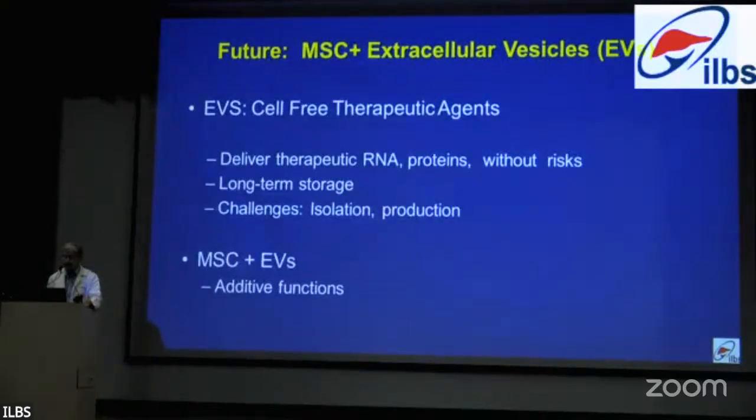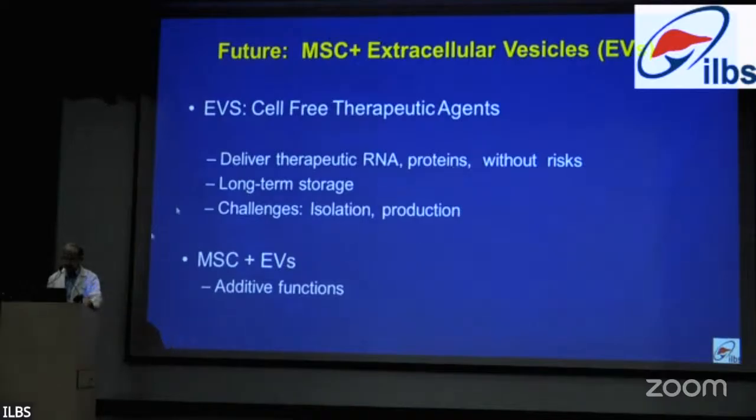The next for us in the future is extracellular vesicles. So those cells, MSCs, will also give cargoes in the extracellular vesicles. So when MSCs are expensive, EVs can be cell-free, they can be stored for months, and they can deliver the RNA and proteins without risk.